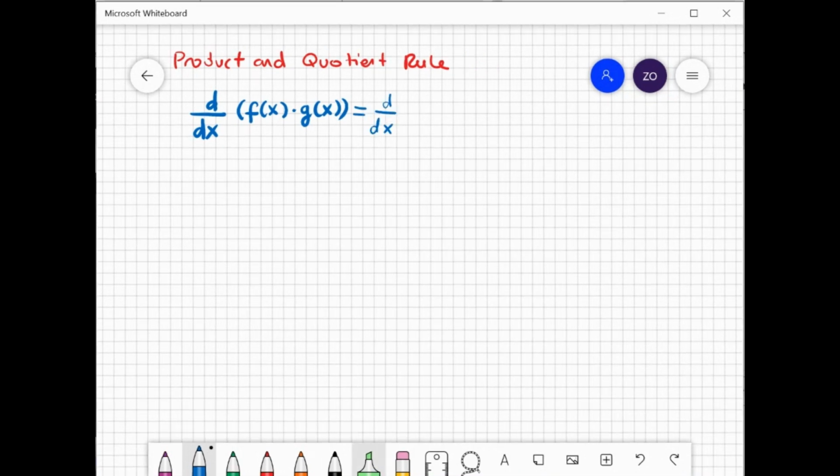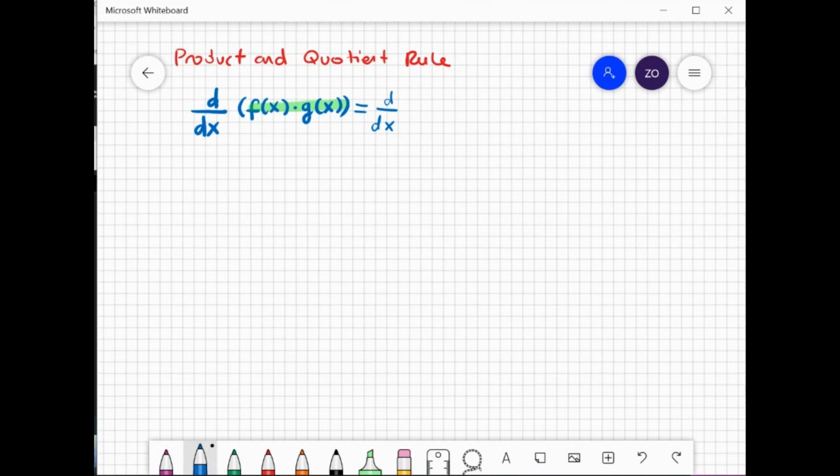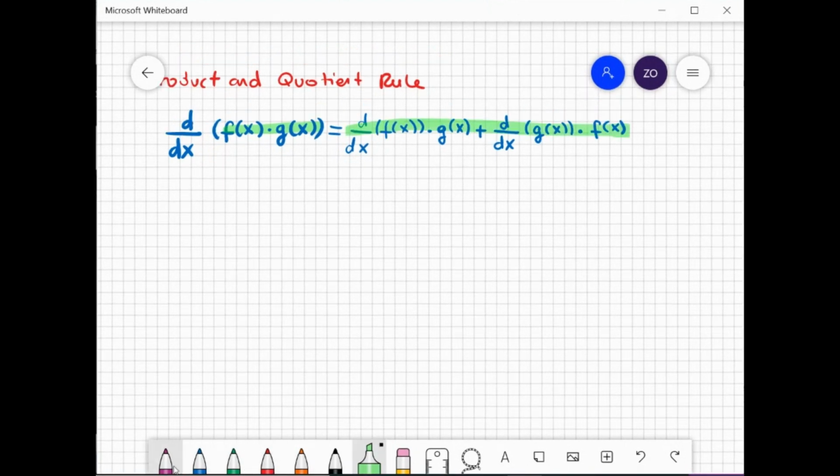So finding the derivative of a product simplifies to finding the derivative of the first function and multiplying it with the second function plus doing the opposite. So doing it in the other direction, finding the derivative of the second function and multiplying by the first function. So I will just write it in other notation.